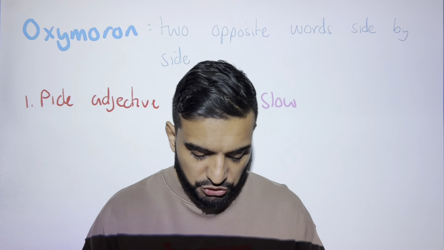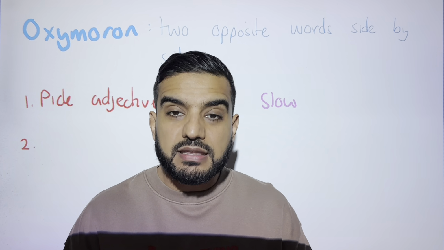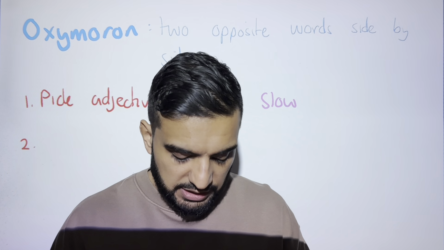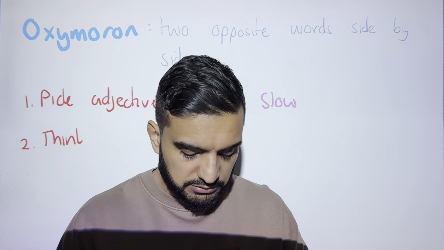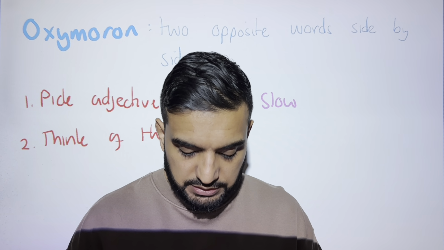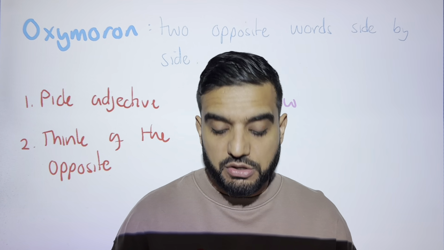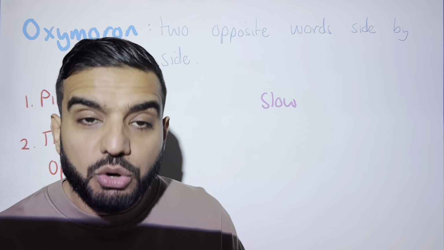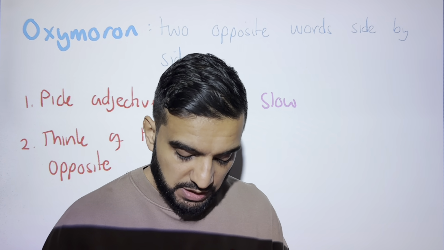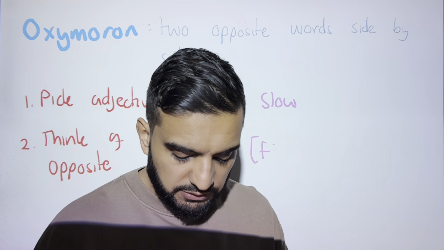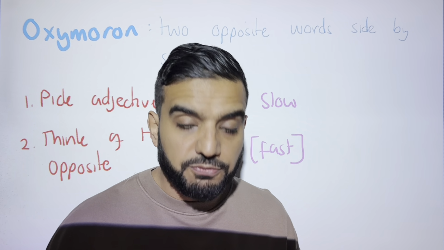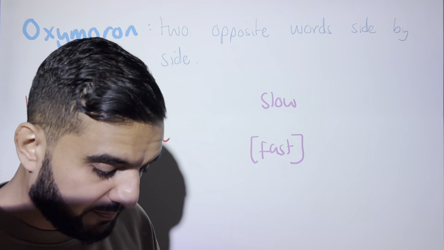Once you've chosen your adjective, the next thing that I want you to do is to think of the opposite. So for example, what is the opposite of slow? The opposite of slow is fast.